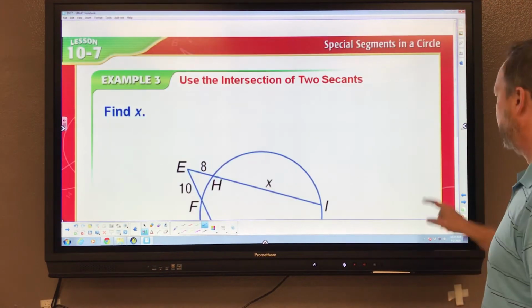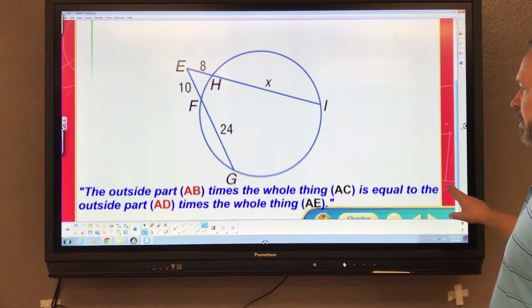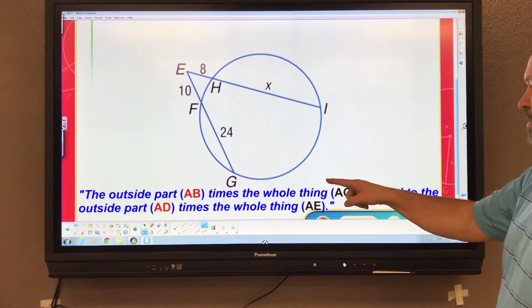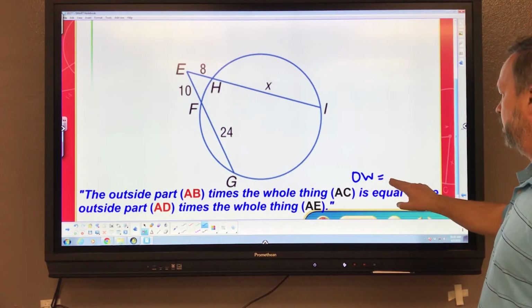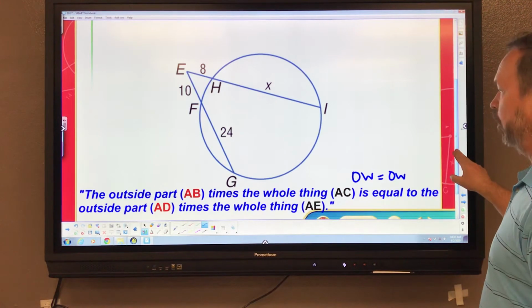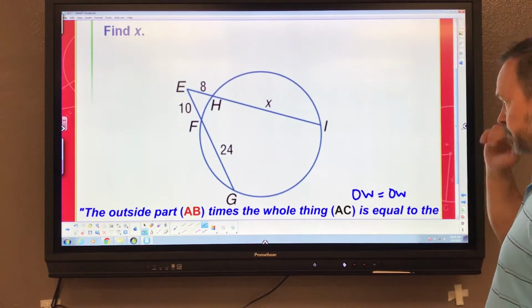So let's look at that in practical form. I've got it written here. Actually, I've got it written backwards. I've got outside times whole thing. That's OW. I like WOW better. Okay. So they want us to find x.